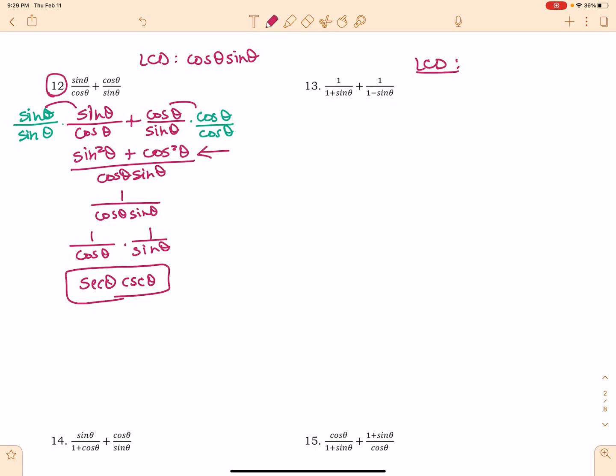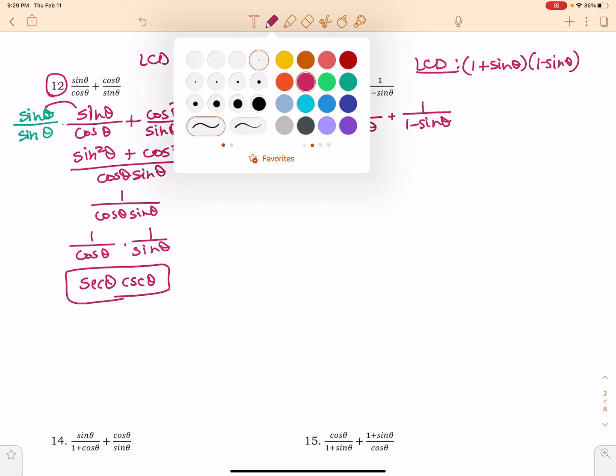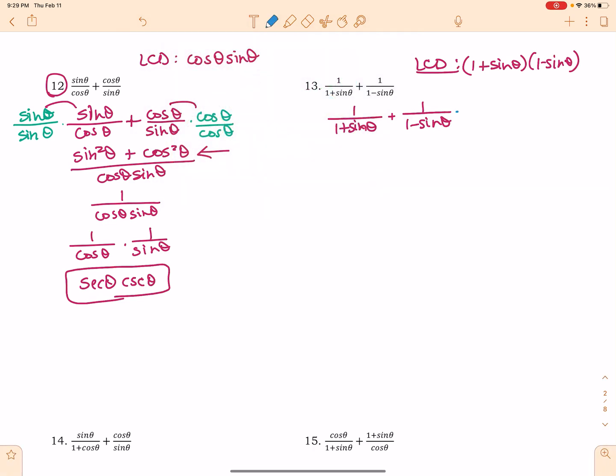So we're going to create our LCD here. It needs to have a 1 plus sine theta and a 1 minus sine theta. So I've got to rewrite my problem here. And then, of course, I am going to multiply both sides by the part of the LCD that's missing.